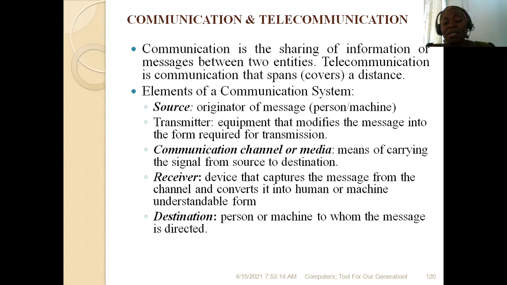Remember, I said the entities involved in communication could be human to human, human to machine, or machine to machine, okay? Device to device. Whether person or machine, the originator of the message, where the message is originating from, that's the source, okay?